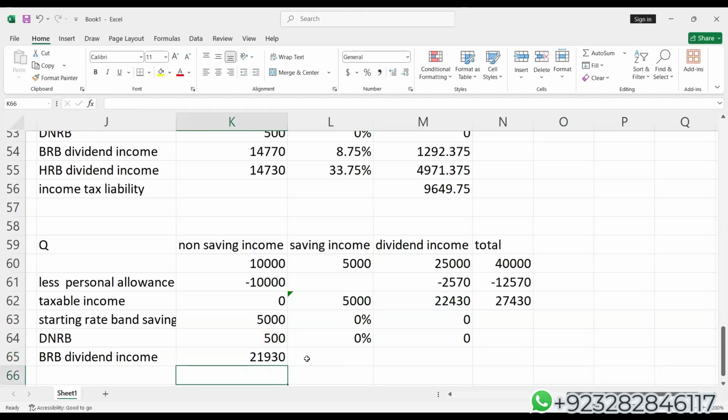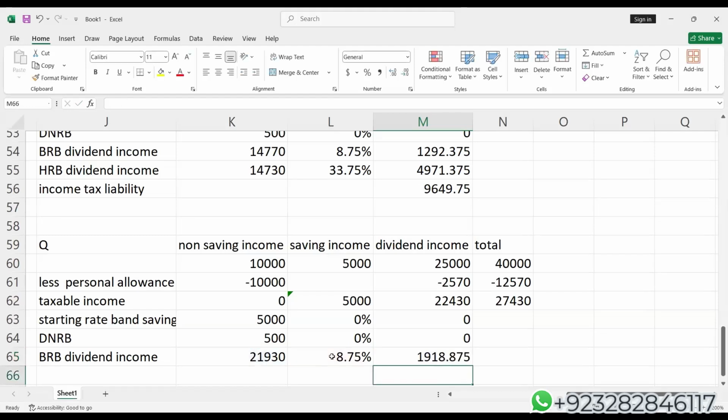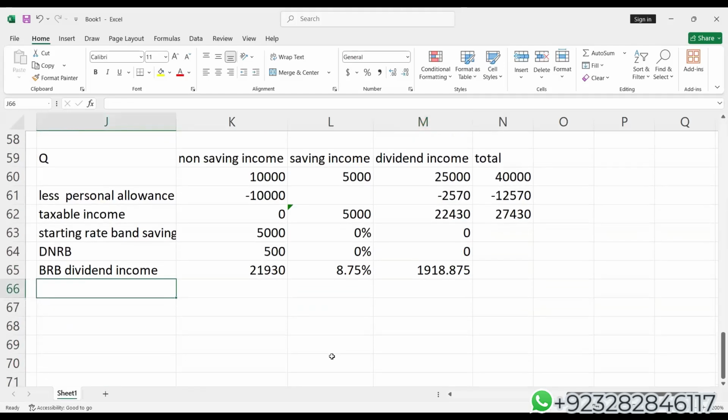Applicable income tax rate is 8.75%. So here comes your final answer.